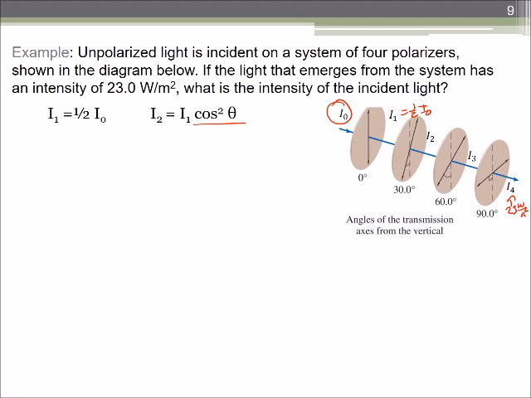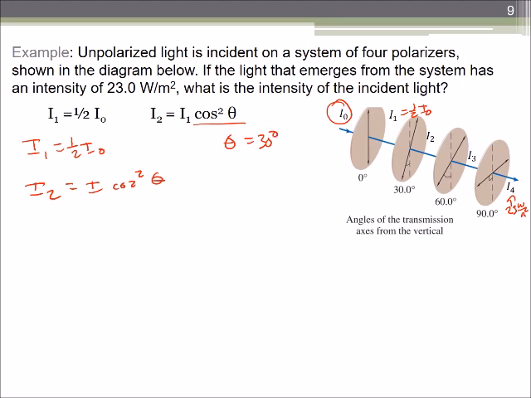You'll notice that there's 30 degrees difference between each one of these polarizers. So that means I1 is 1/2 I0. For the next polarizer, I2 is I1 times the cosine squared of theta, and I'm just going to call theta equal to 30 degrees.